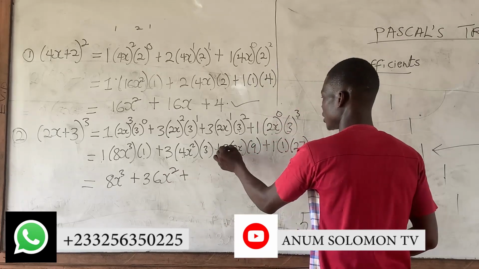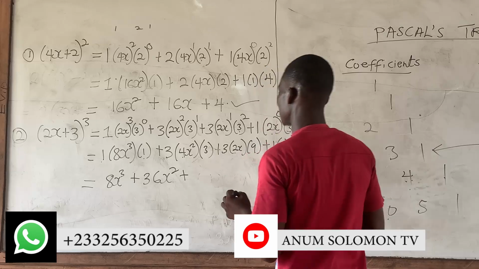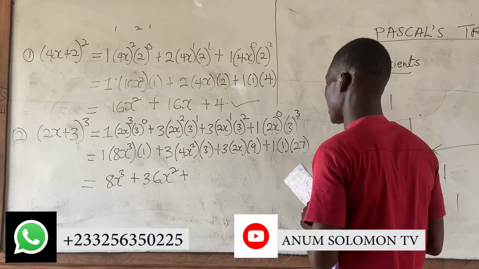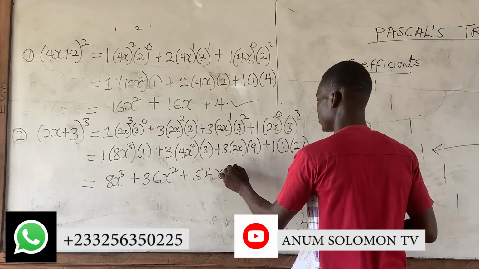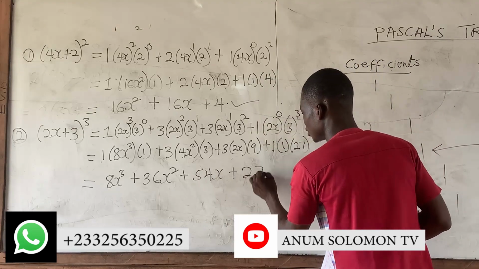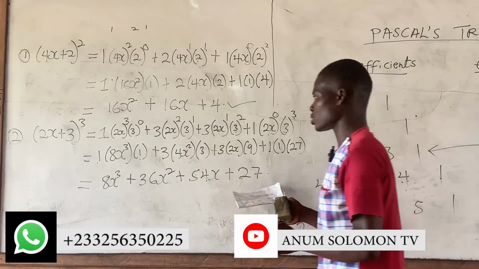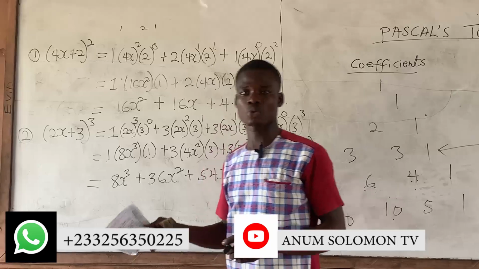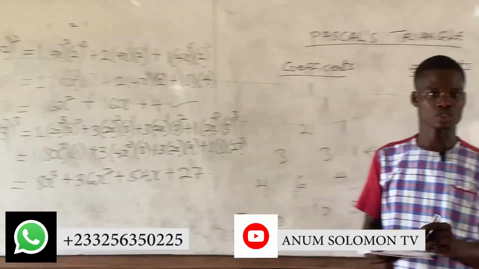Plus 3 times 2 is 6, so 6 times 9 is 54x. Plus 1 times 1 is 1, times 27, so it's 27. So now this is our final result. This is how to expand this bracket using Pascal's triangle.